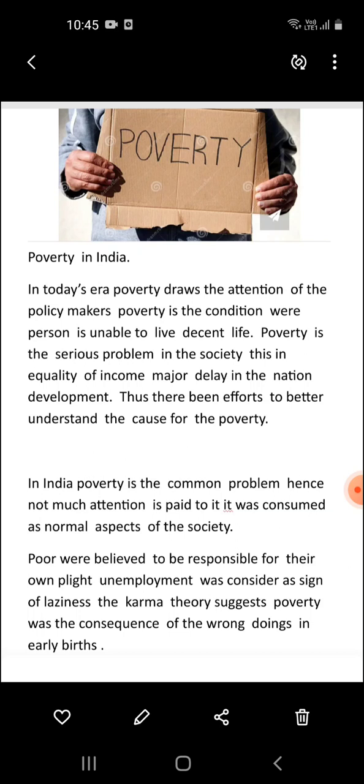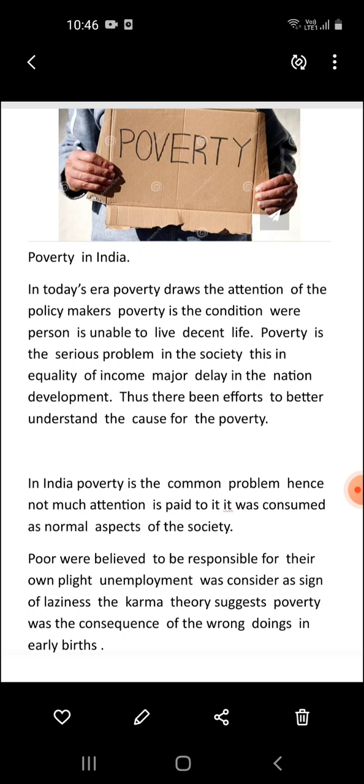We all know what poverty is: a situation where a person is not even able to fulfill his basic needs. But in 1960, the two thinkers called Dandekar and Rath introduced the concept of the poverty line.